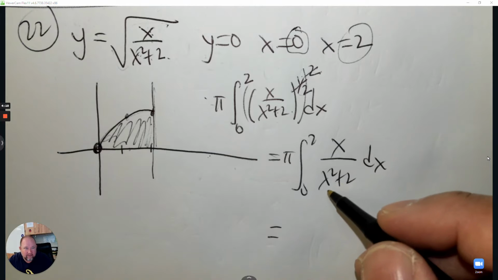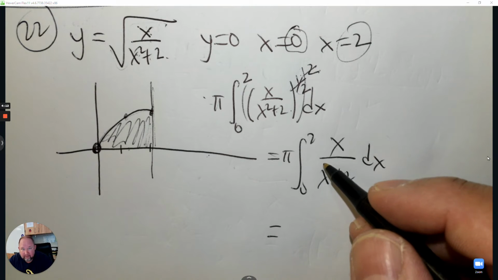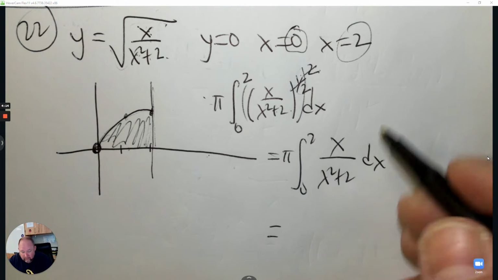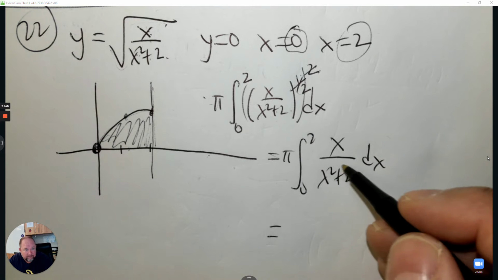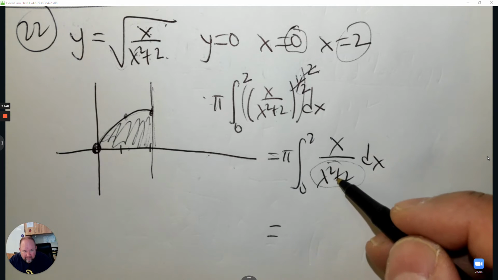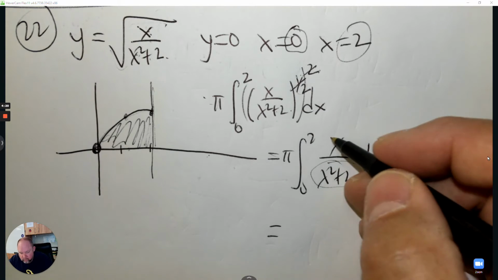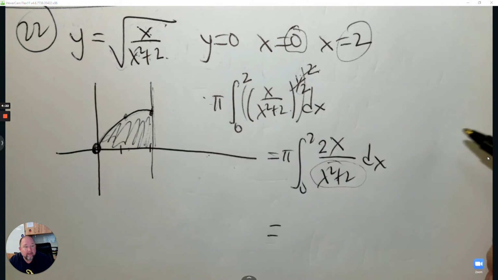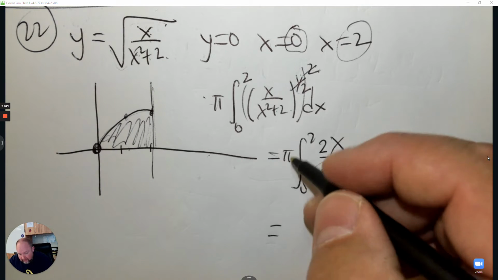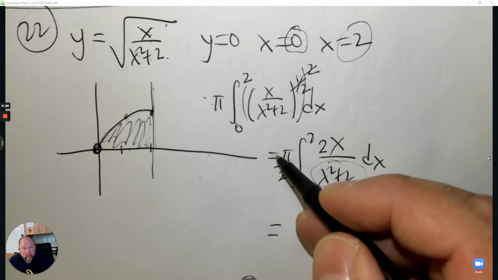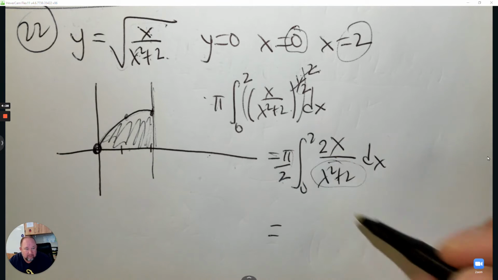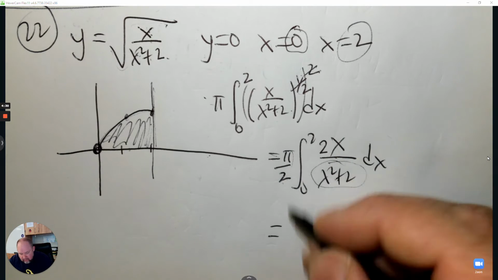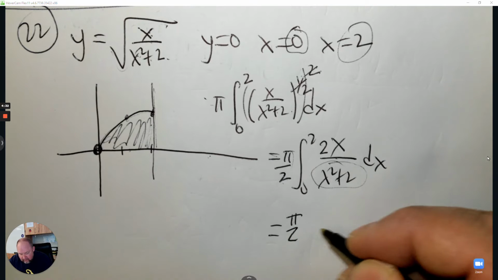Whenever I see a fraction, I cycle through different possibilities of how to integrate it. So the first one I think about is a logarithm. The derivative of the denominator is 2x. So it was a 1, and now it's a 2. So 1 over 2, that's what I need in front, so it stays the same. So the answer is going to start with pi over 2.